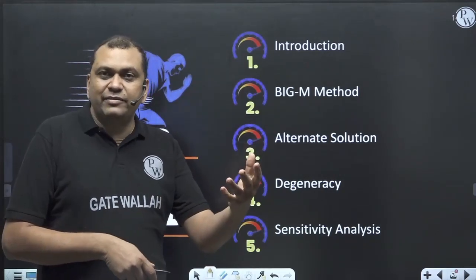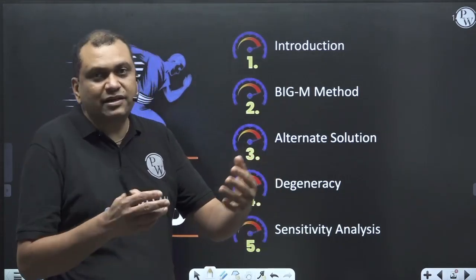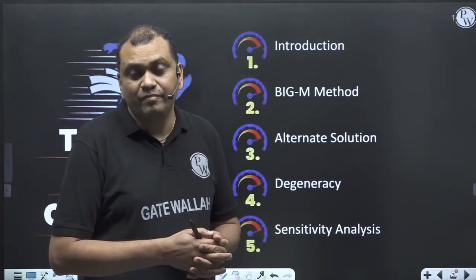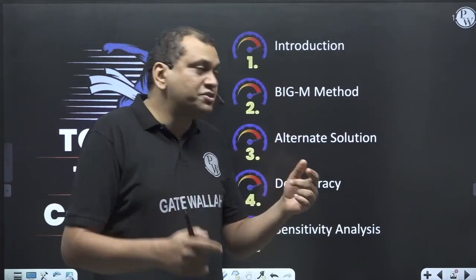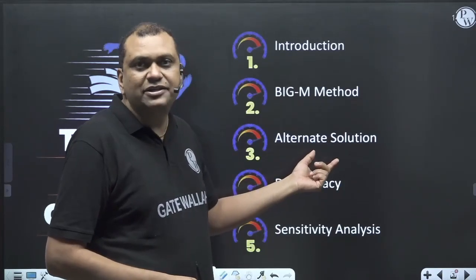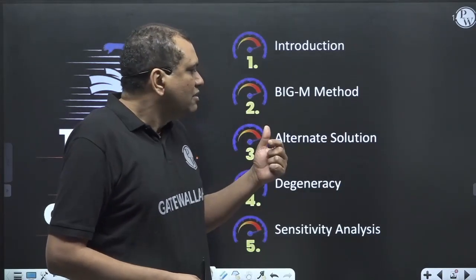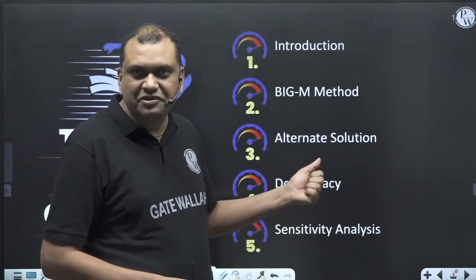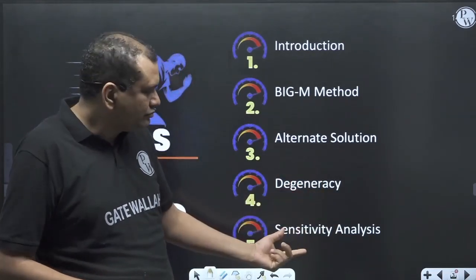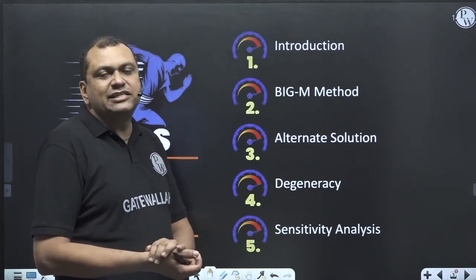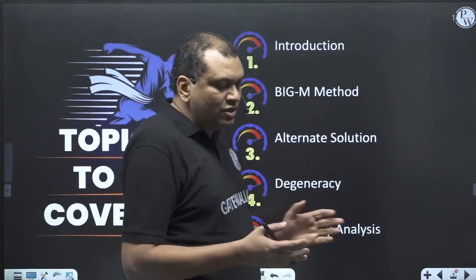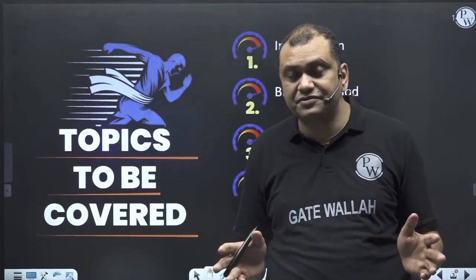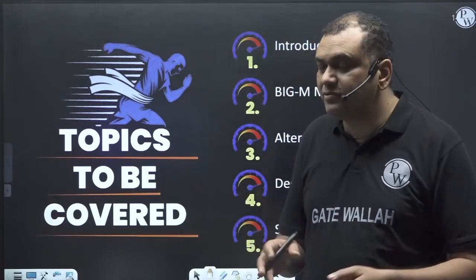Like in the graphical method, we have seen that certain linear programming problems may have alternate solutions, so how do we see alternate solutions in Simplex? Now, what is degeneracy in Simplex? That I am going to discuss. And at last, sensitivity analysis. I will cover these things with the help of questions, and I will be discussing a number of questions.